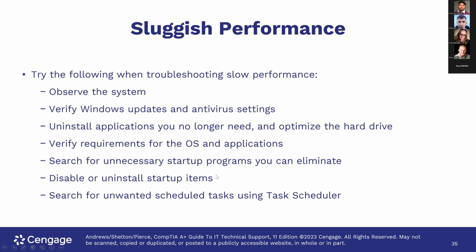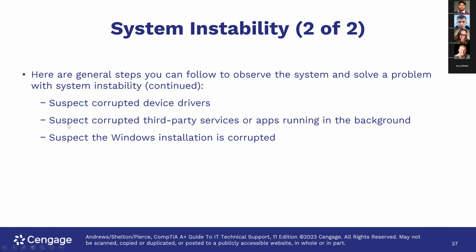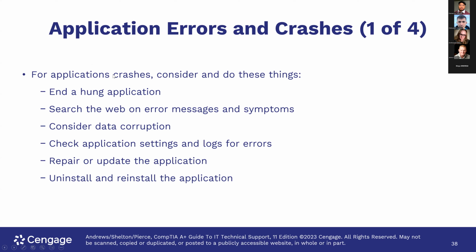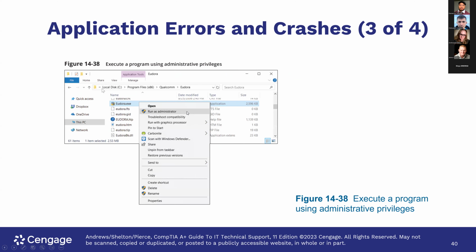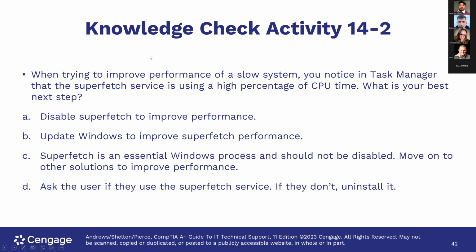Search for unwanted scheduled tasks using Task Scheduler. Here are general steps you can follow to observe the system and solve a problem. Okay, there it is. All of this, tons of stuff, and application errors.